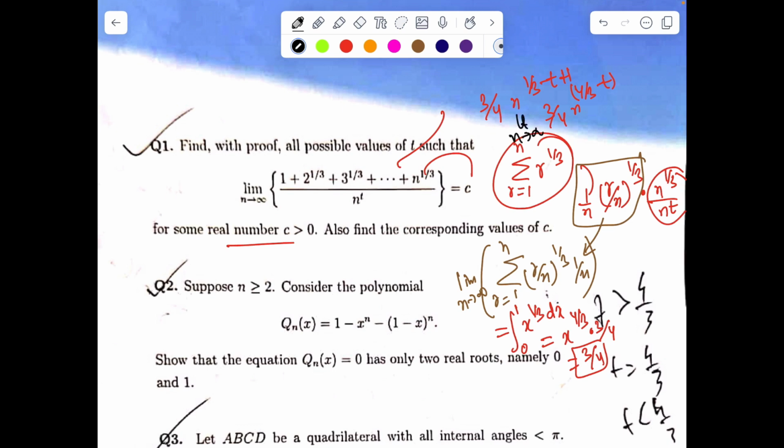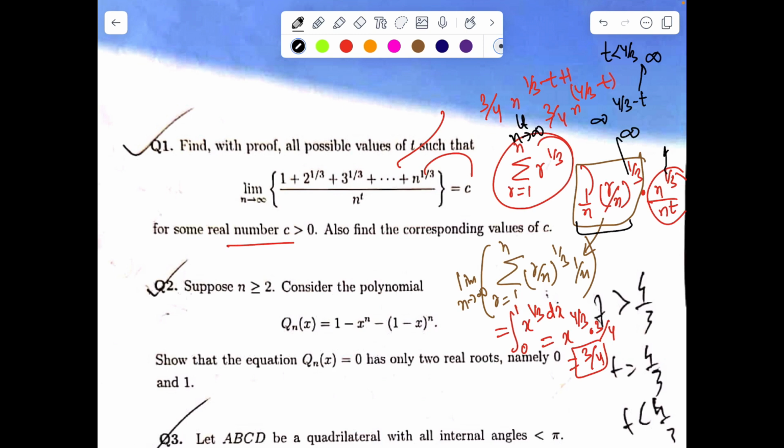Just check one's calculation. Now, limit n tends to infinity. I am able to separate this into two parts because the limit of this part exists, hence I am allowed to do that. So it becomes infinity to the power 4 by 3 minus t, which clearly goes to infinity if t is less than 4 by 3.